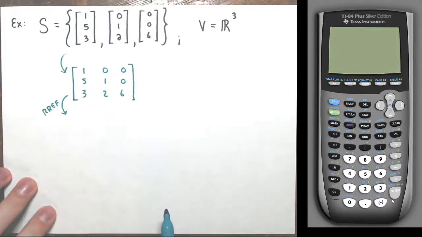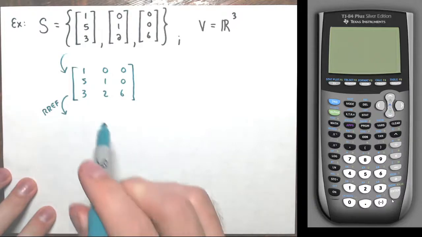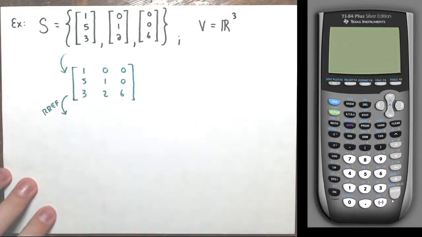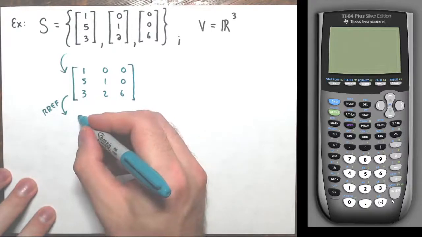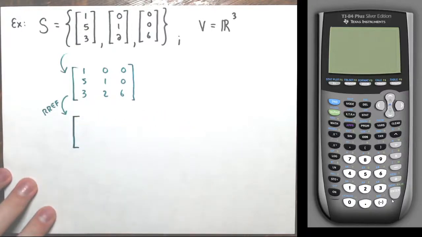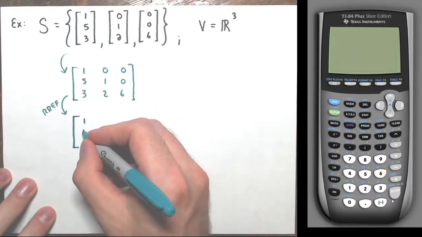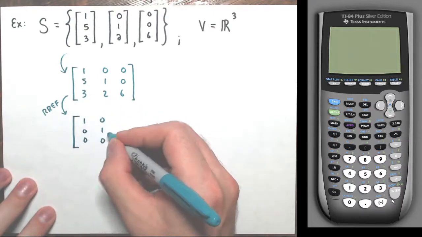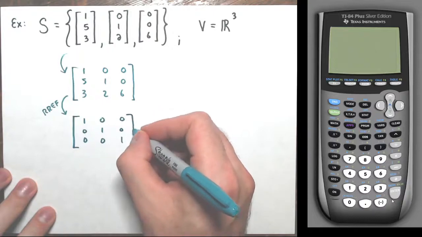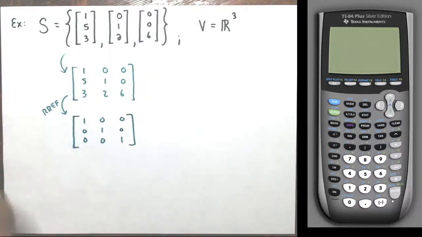So there would be one specific solution to the system that you set up. You could solve through forward substitution, I guess you could call it, from top to bottom. So I can tell right now that the identity matrix, 1 0 0, 0 1 0, 0 0 1, is going to be this matrix put into reduced row echelon form.